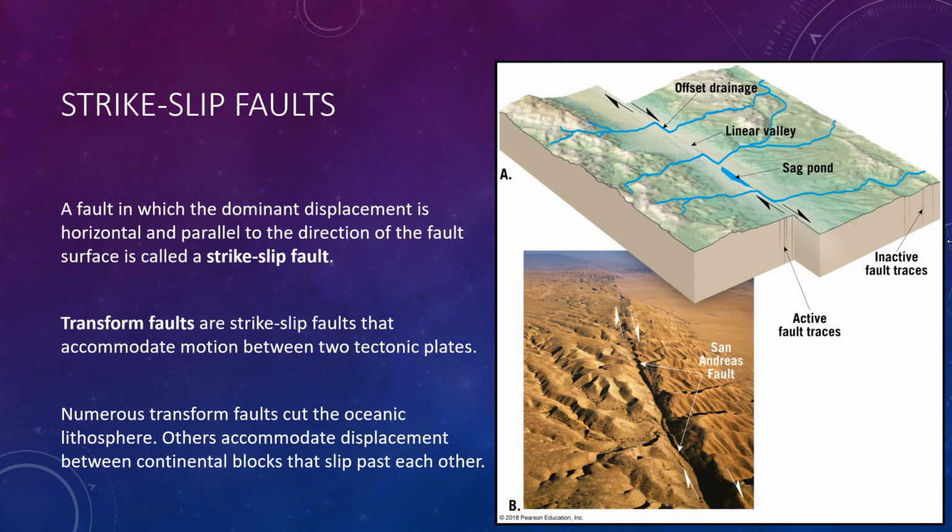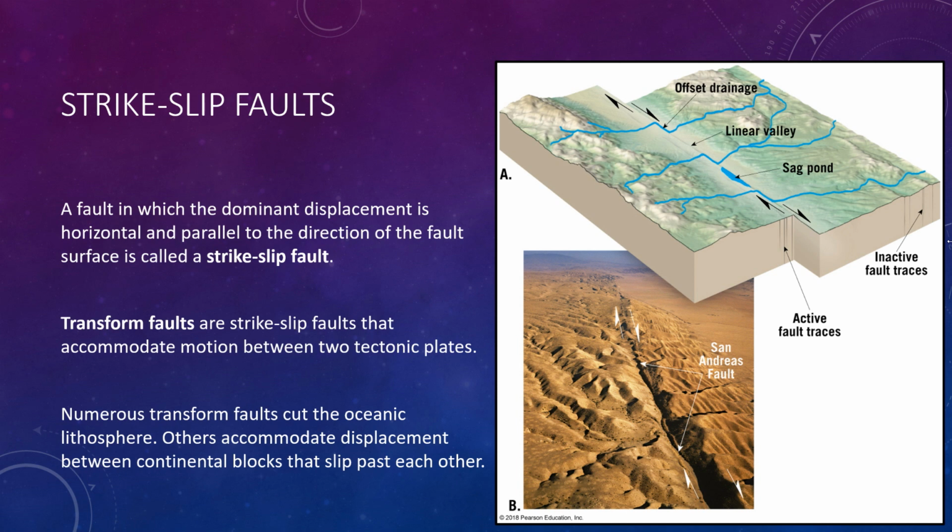Others accommodate displacement between continental blocks that slip horizontally past one another. Some of the best known transform faults include California's San Andreas Fault, New Zealand's Alpine Fault, and the Middle East's Dead Sea Fault. Large transform faults like these accommodate relative displacements of up to several hundred kilometers.